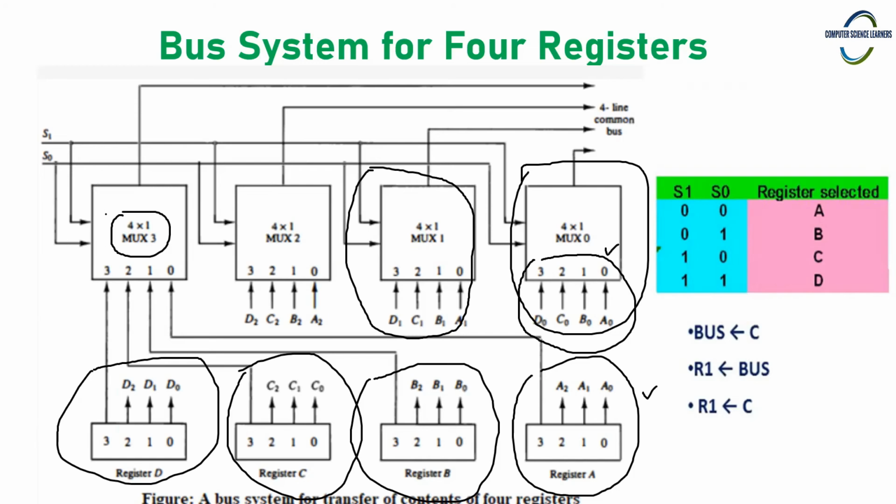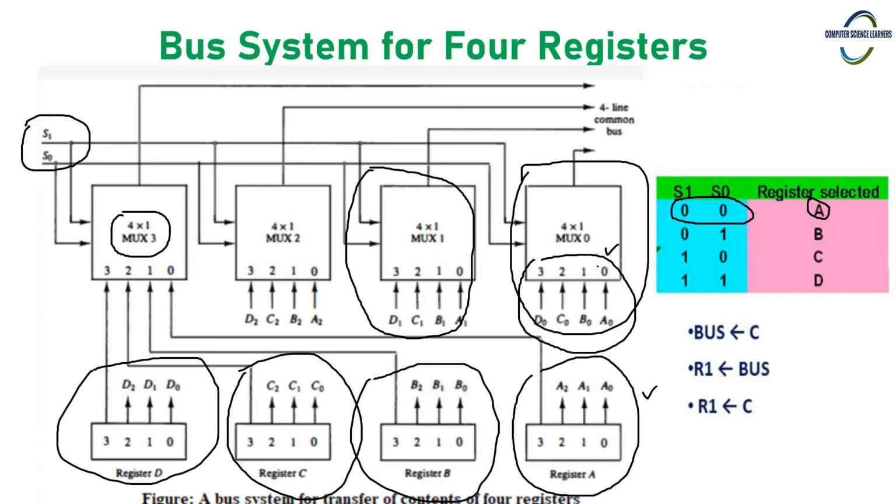Now, which bit is going to be selected depends on the value of the select lines, that is S1 and S0. Suppose S1 and S0 is 0 0. Then register A will be selected. How? When it is 0 0, the first input line of every multiplexer will be enabled, and the first input line's data will get on the output.